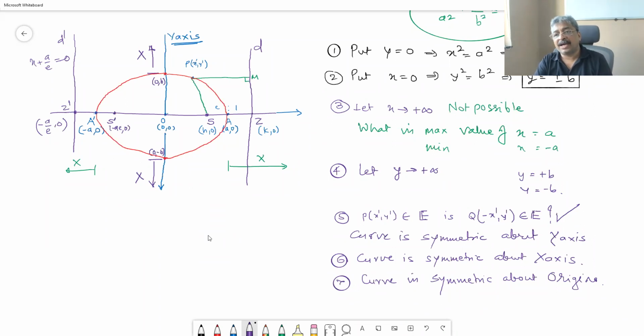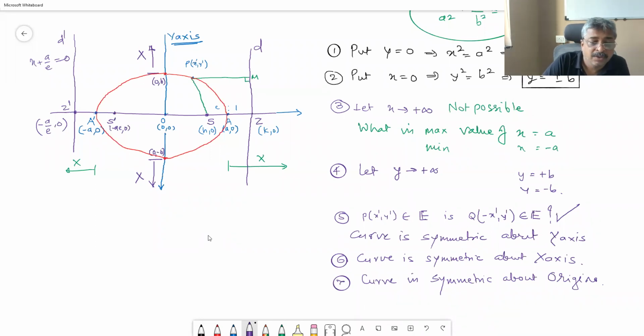So do you realize that we suddenly found out one more focus and one more directrix, because whatever happens to this focus and this directrix on the right side, the positive side of the x-axis, exactly the similar thing will happen on the negative side of the x-axis because of the symmetry of the diagram. Good. Very good.